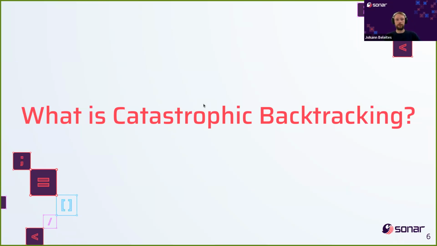So let's talk about this catastrophic backtracking. And to understand catastrophic backtracking, we need to know what backtracking is, first of all. Backtracking is a technique used by many regular expression engines, not all of them, but many, to match input strings and provide certain features to the developer to match those input strings. I'll give you an example in just a moment, but essentially the regular expression engine can sometimes choose different sub-expressions of a regex to match a certain character in the input or a certain series of characters.